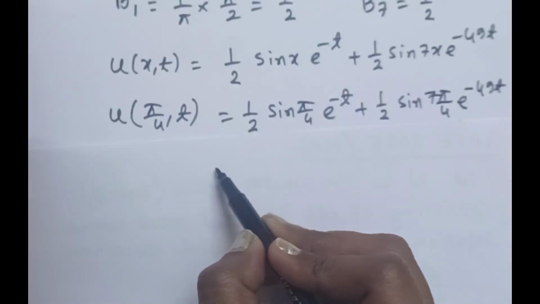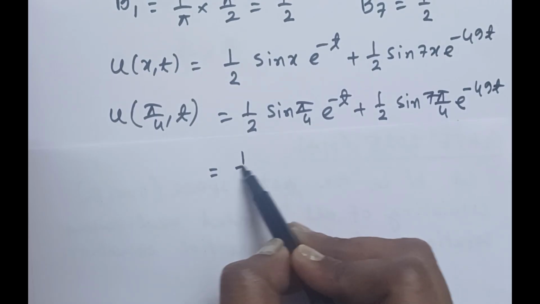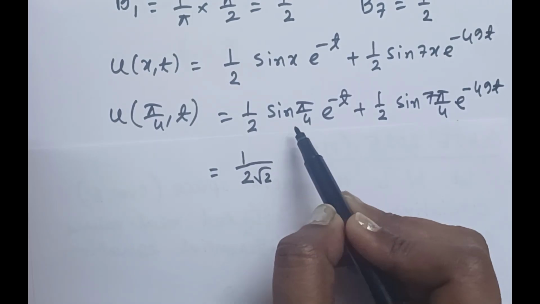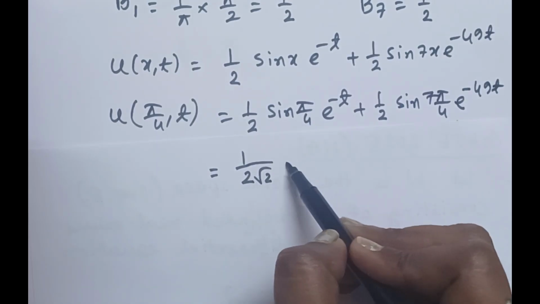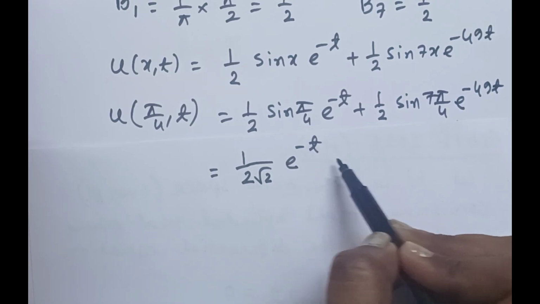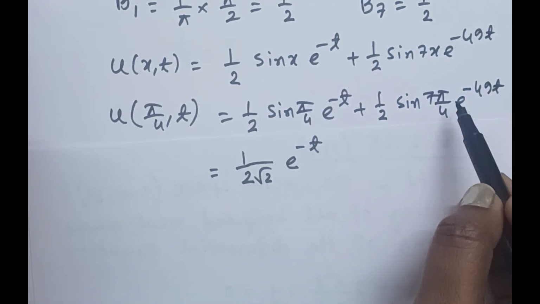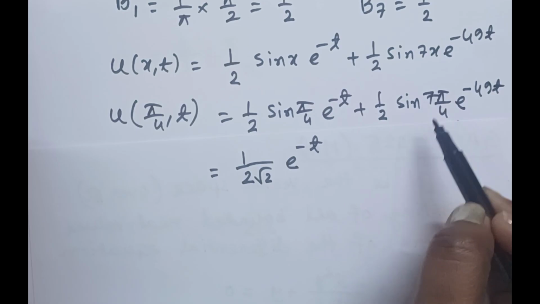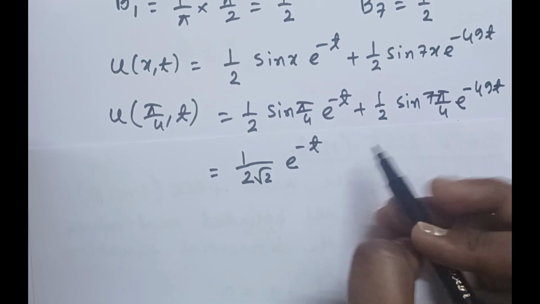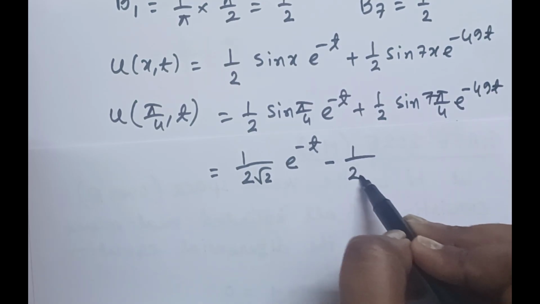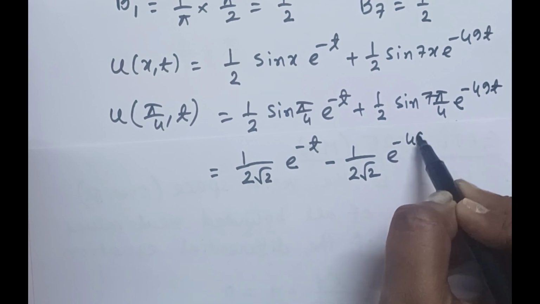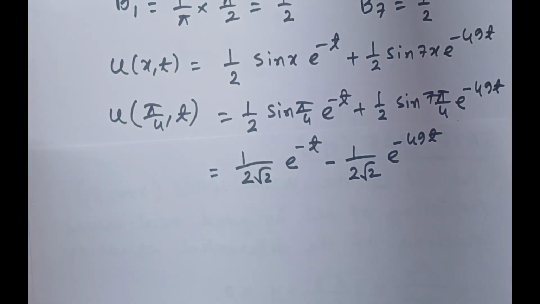So we get 1 by 2 root 2 e power minus t, because sin pi by 4 is 1 by root 2, and then not plus, because 7 pi by 4 we can write as 2 pi minus pi by 4. So sin(7 pi by 4) will be minus sin(pi by 4). So this will be minus 1 by 2 root 2 e power minus 49t.